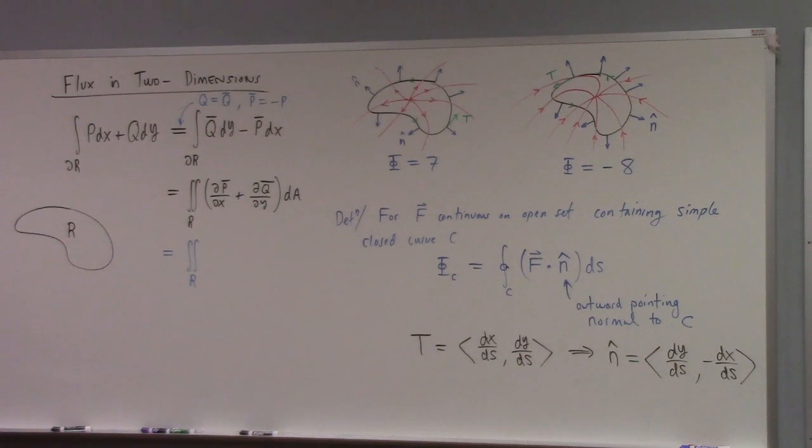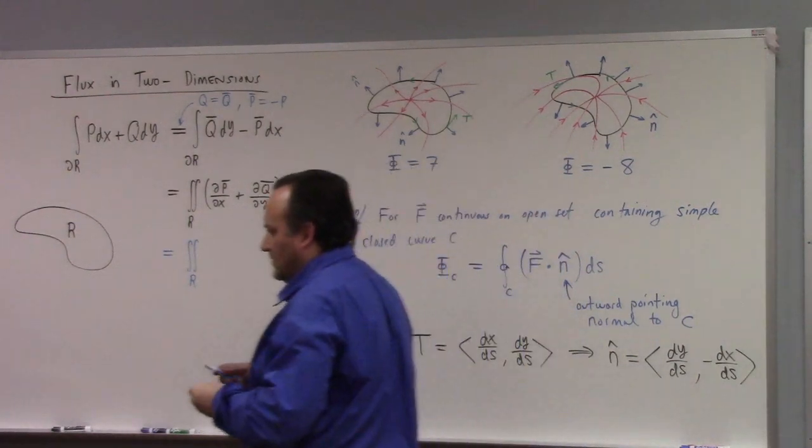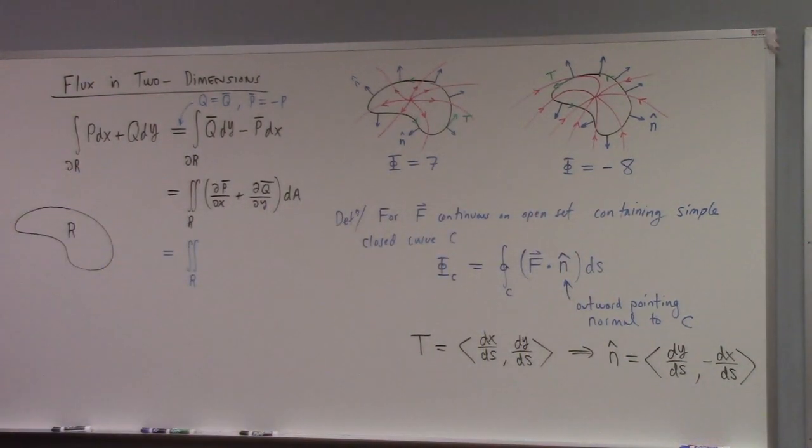I should be getting partial Q partial x minus partial P partial y over here. But I don't feel like I'm getting that, am I? I'm not getting that. Look at my notes.